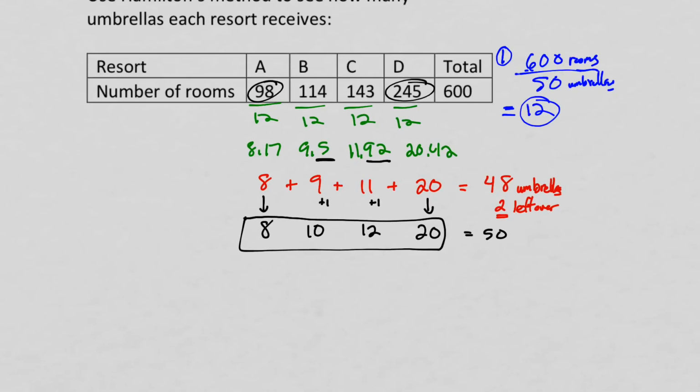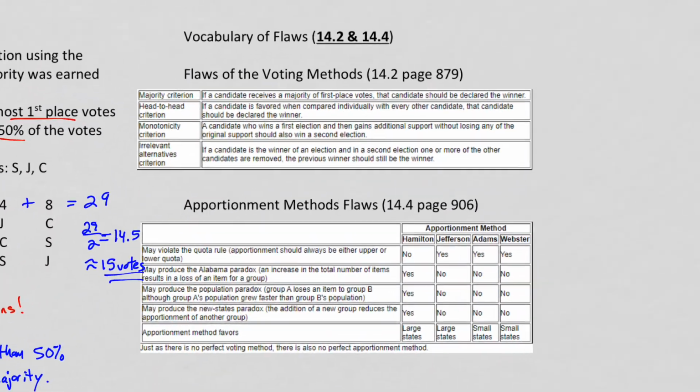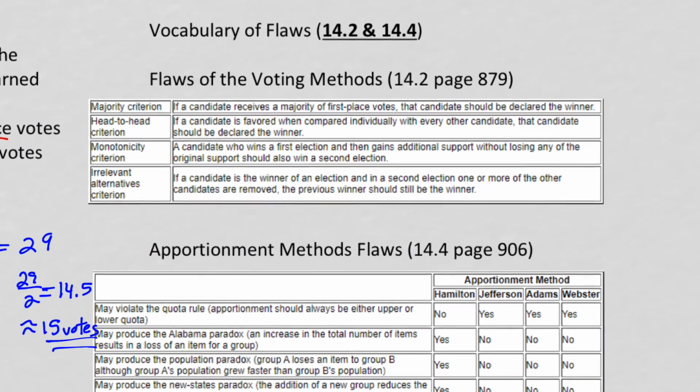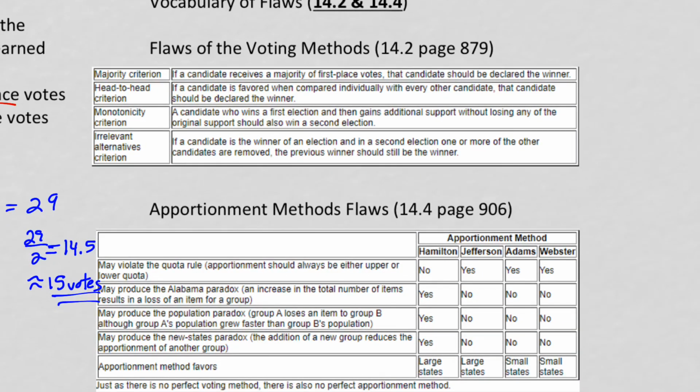All right. And that is it for chapter 14.3, let's go to our last section, which is the vocabulary. So for 14.2 and 14.4, the vocabulary, the flaws, this is just to get you familiar with the fact that there are no perfect systems for voting or for apportionment.